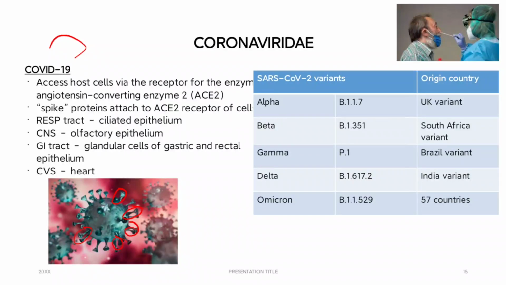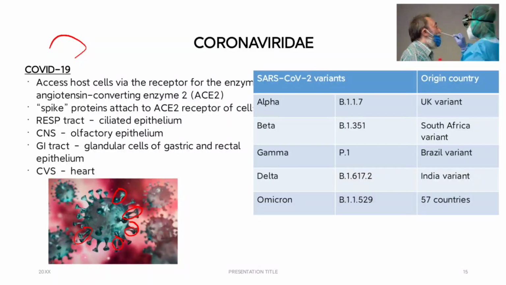The next one, GI tract, yung kanyang glandular cells of the gastric and rectal epithelium. So, there are cases na nagkakaroon ng diarrhea from COVID-19. Meron din mga pananakit ng tiyan. And pinakamalala is from your cardiovascular, meron siyang ACE2 receptors sa heart mo mismo, no? So, napakadelikado.